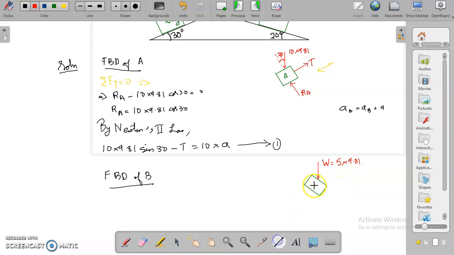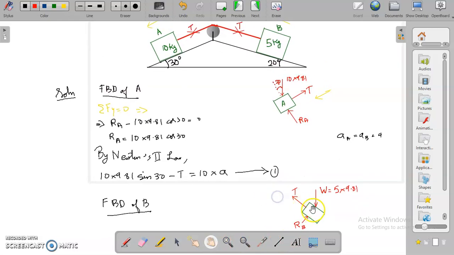Then the tension T. That's the vertical reaction, this will be RB, and the inclination is 20 degrees.